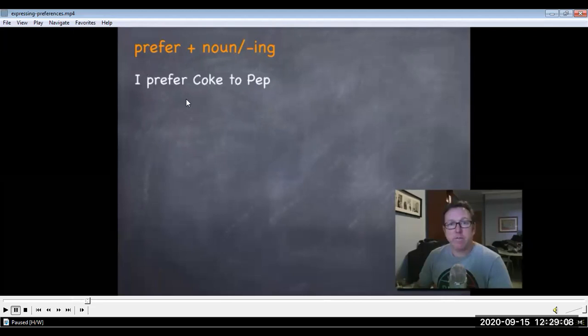See, I prefer Coke to pep. This is the example of prefer plus noun. Prefer Coke to Pep. To Pepsi. Okay, so this is the example of prefer plus noun structure. Okay, so this is the subject I, then prefer, then noun Coke to another noun Pepsi. Pepsi.